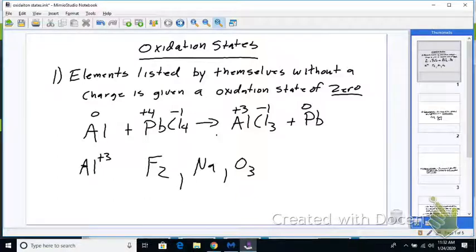How many did it get rid of? 3. Now, if it gets rid of them, something has to pull them in. So which one pulled in the electrons? Pb. But it has to pull in 4, and aluminum only has 3 to give up. So you see why we balance? Because when we balance, those electrons will equal out. We're not going to get into that now.